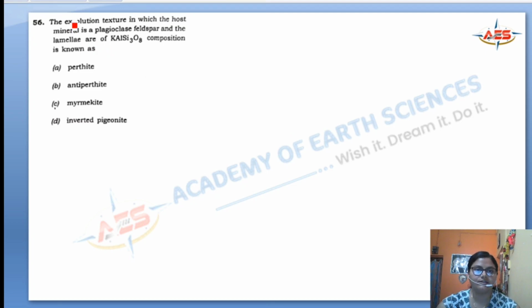Given that the exsolution texture in which the host mineral is a plagioclase feldspar and the lamellae are of KAlSi3O8 composition is known as perthite, antiperthite, myrmekite and inverted pigeonite.